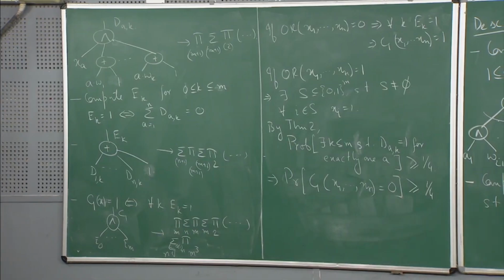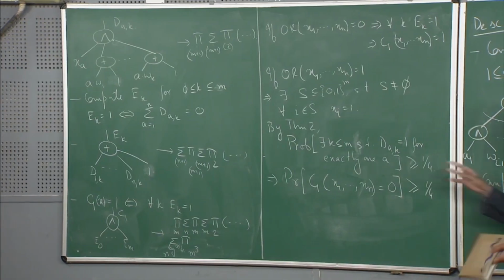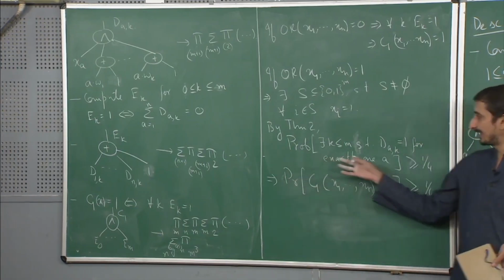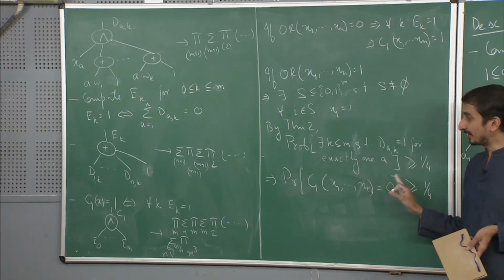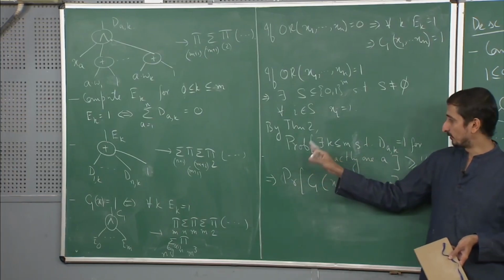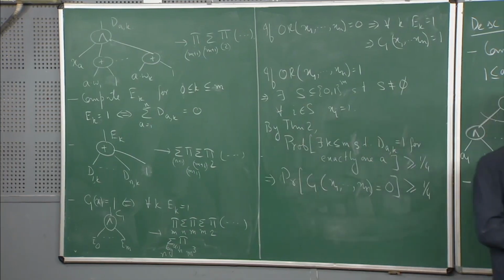So now you see exactly how we are using Valiant and Vazirani. We are saying that for exactly 1A, we get this kind of isolation. And now the rest of it is just fitting things in place.